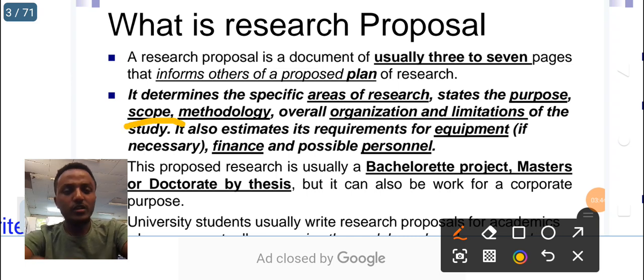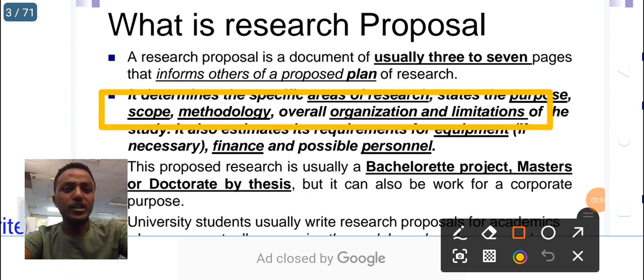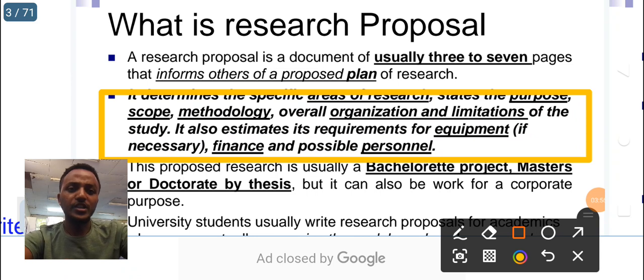These are all included in a specific research proposal. These are the basics for a research proposal: scope, methodology, overall organization, limitations of the study, and requirements of equipment if necessary. Finance is also necessary.